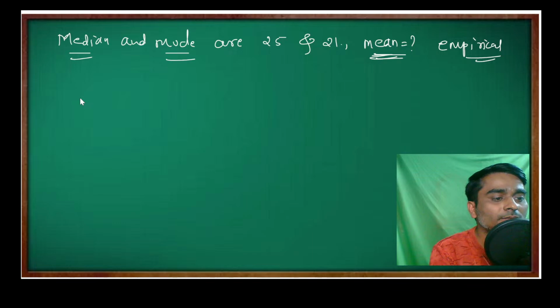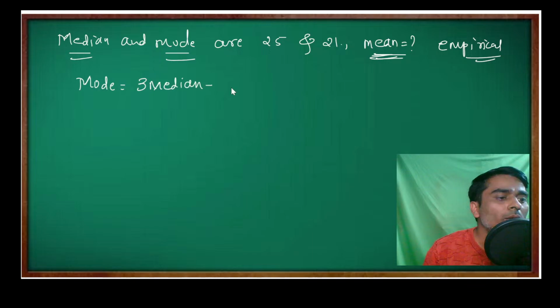Okay, don't worry, I am here. So mode will be equal to 3 times median minus 2 times mean. I prefer to remember one thing, and if I need, then I will manipulate.